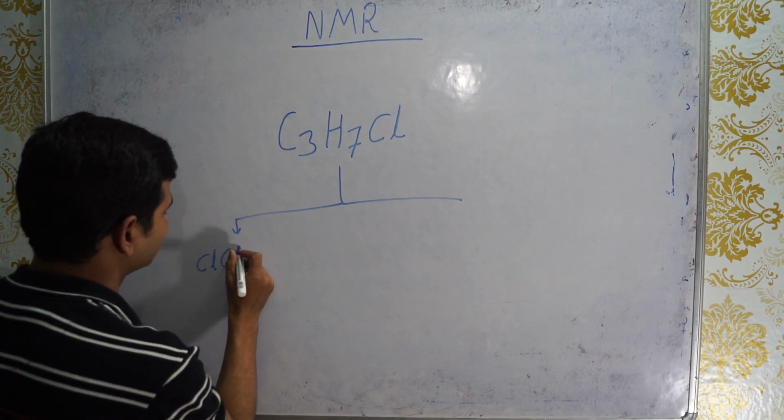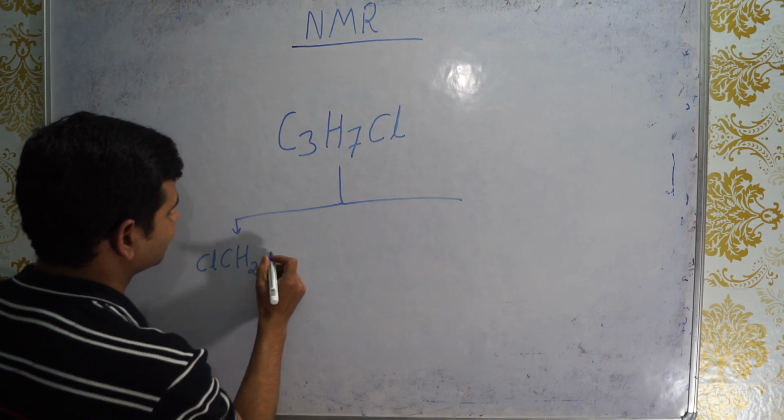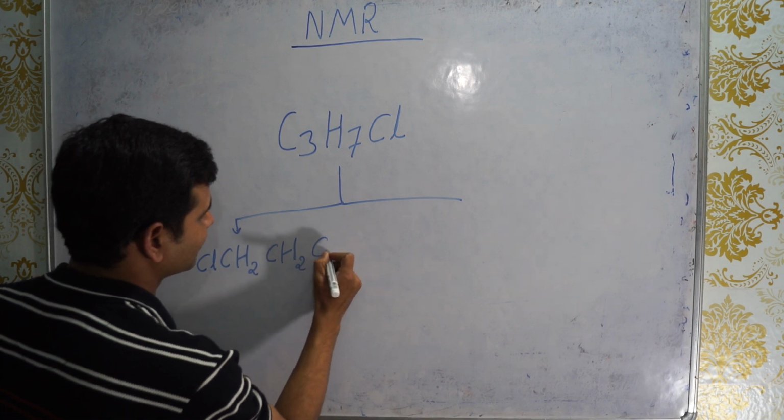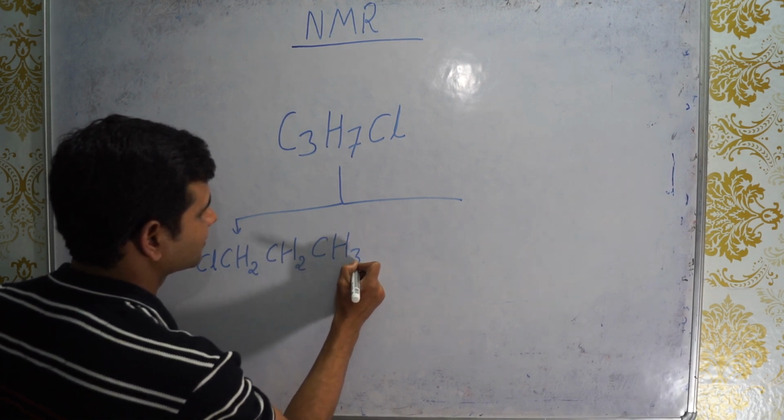One chloropropane is Cl, CH2, CH2 and CH3.